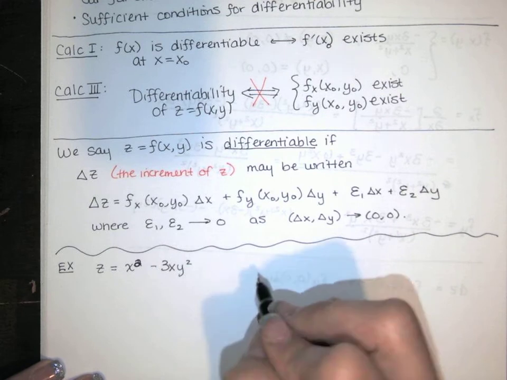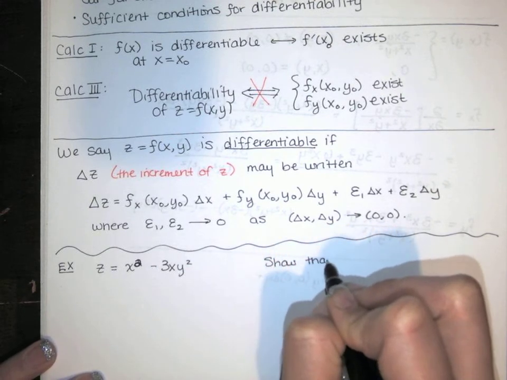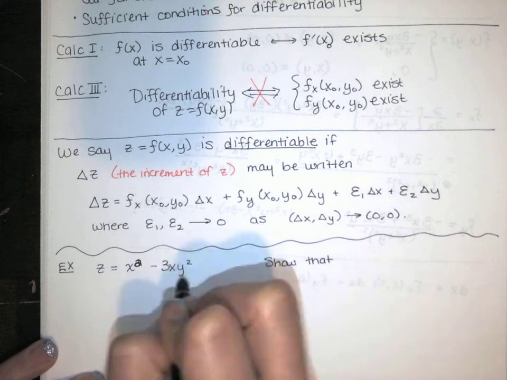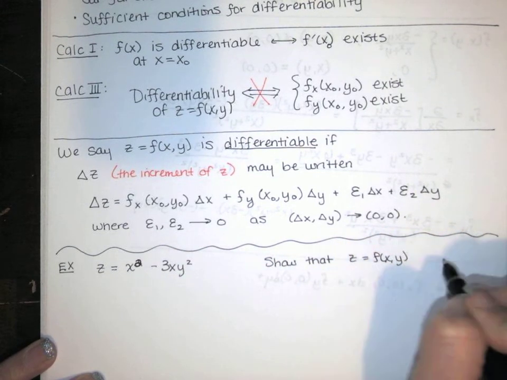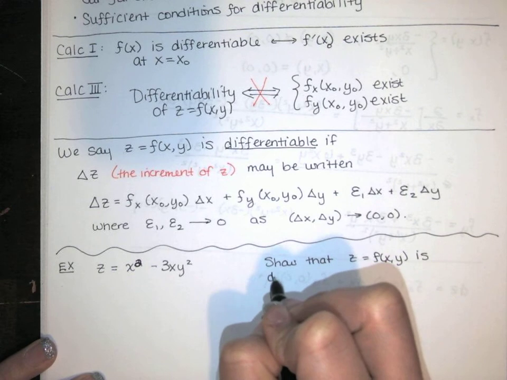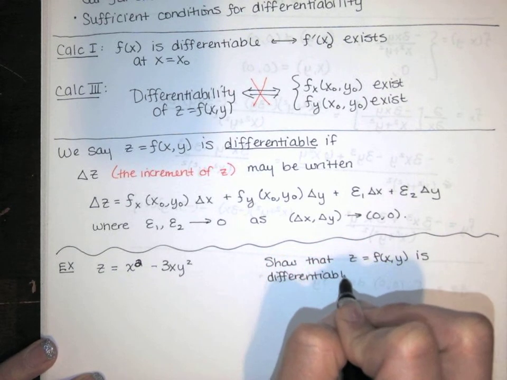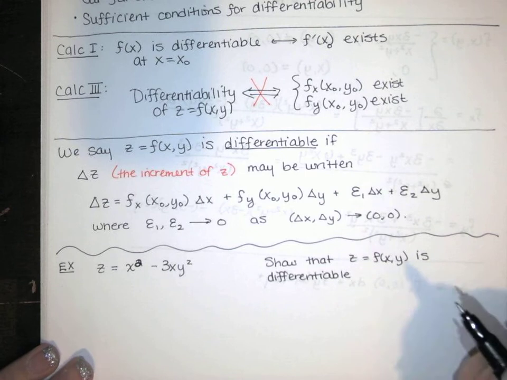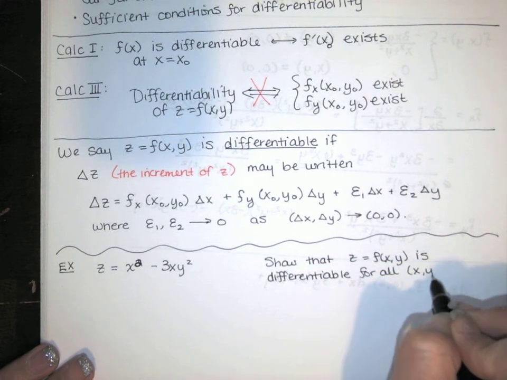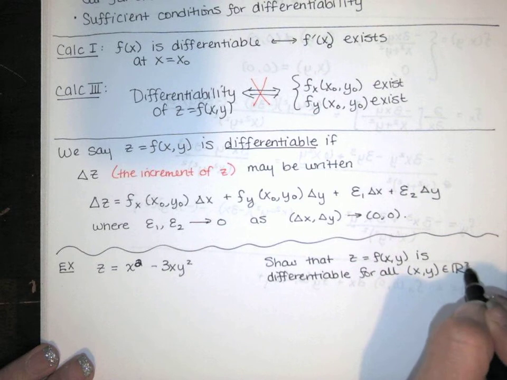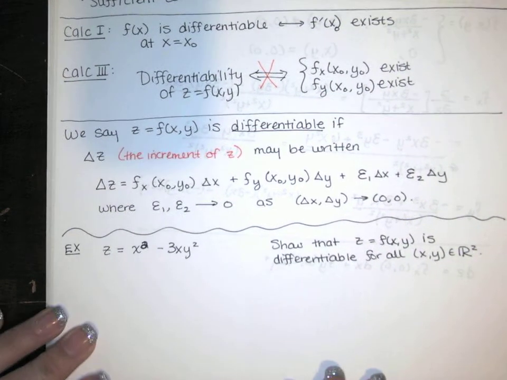And we want to show that z equals f of x y, where this is f of x y, is differentiable for all x y in the x y plane. So all x y in R2. Any x y you want, this function is going to be differentiable.